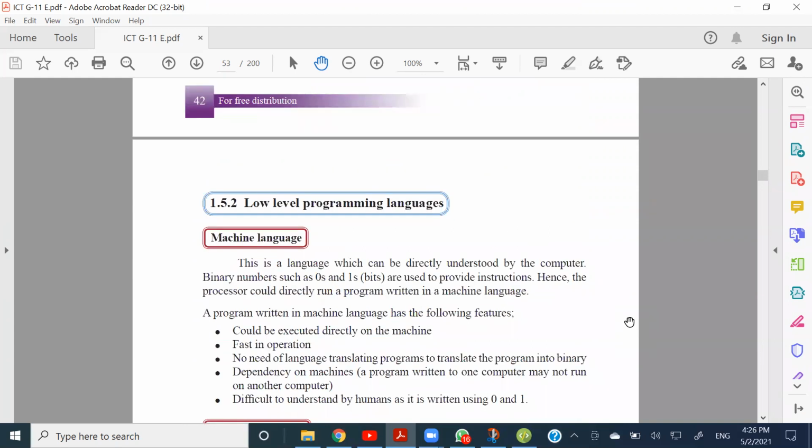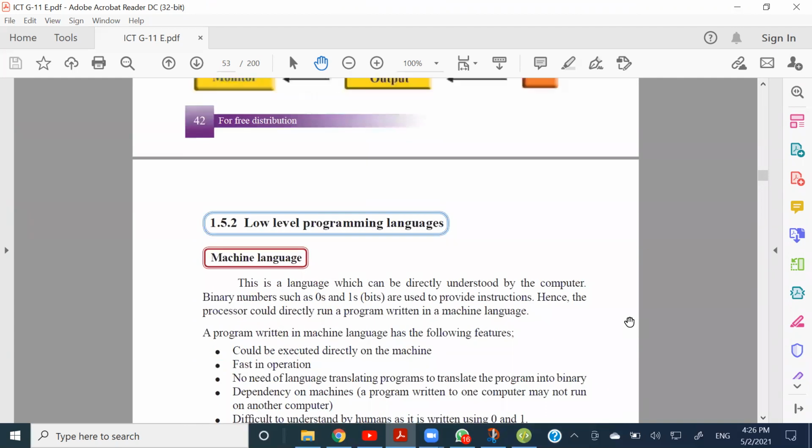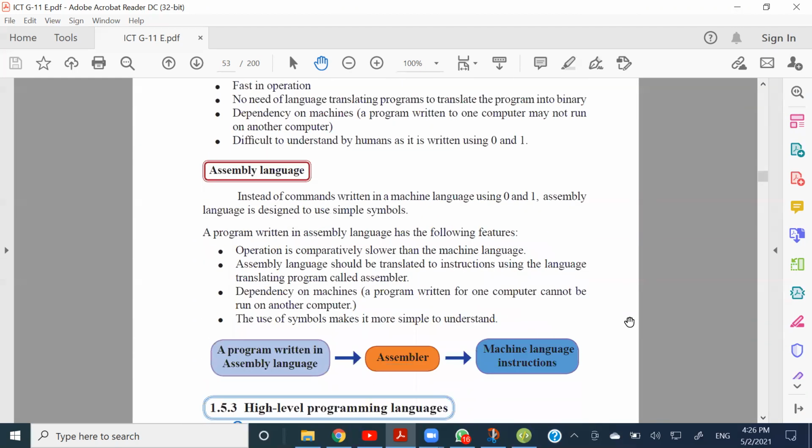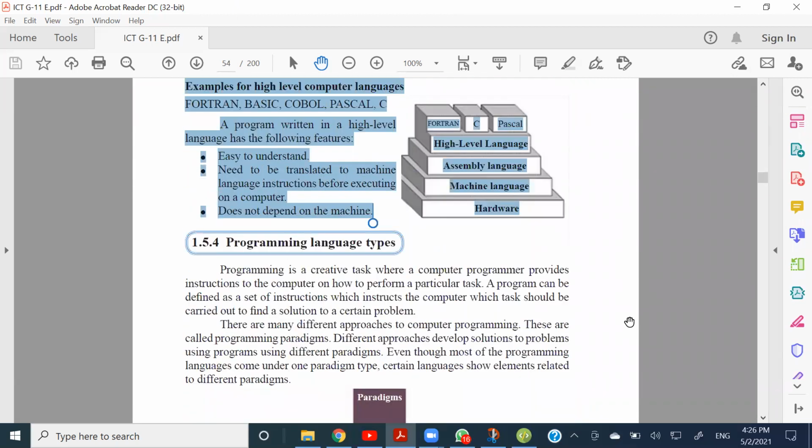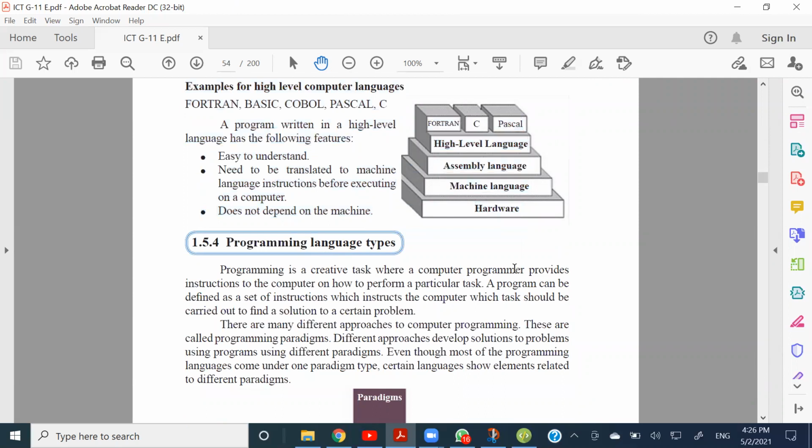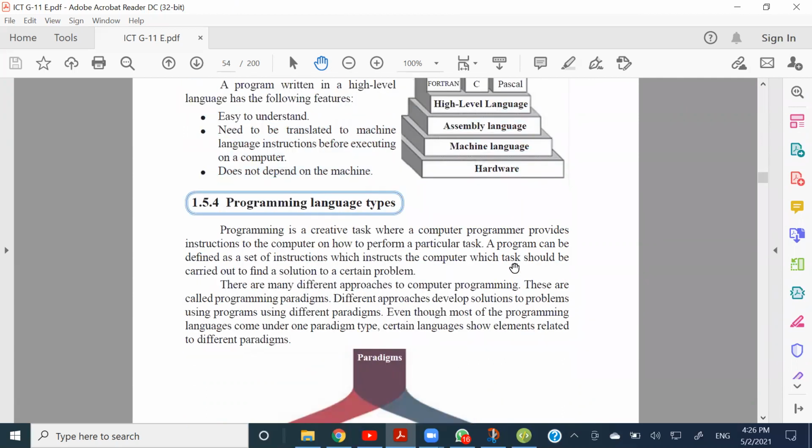So it's going to be a lengthy note for you, from low level programming language up to this particular point. Did you all get that? Did you all get that marked clearly? Yes. Right, okay.